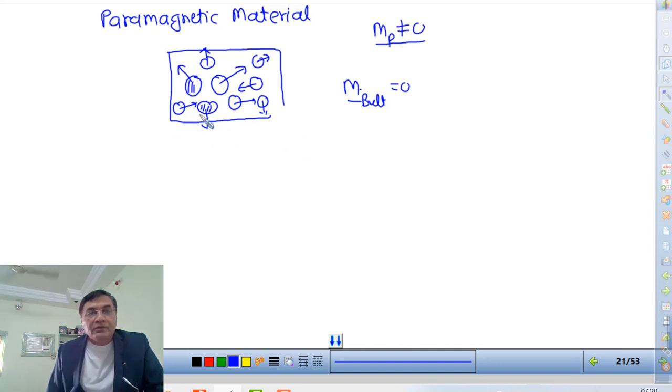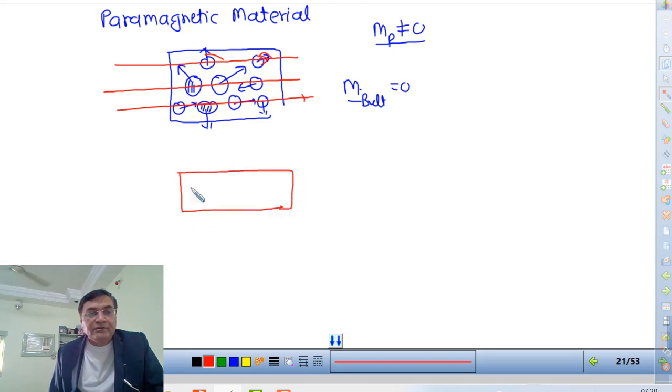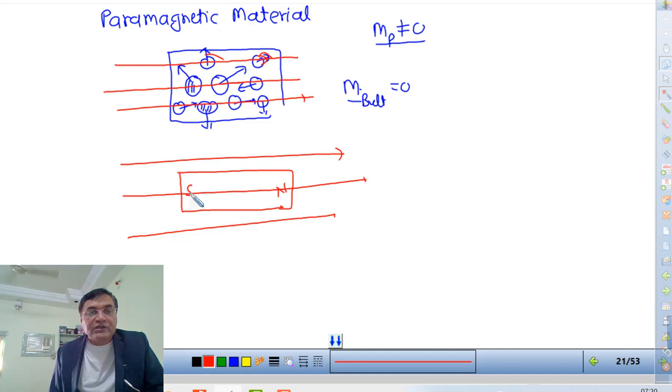ઓકે, હવે જ્યારે હું બહારનું ફીલ્ડ આપું, અહીંયા બહારનું ફીલ્ડ આપણે આપશું, so what will happen, this all will try to align in this direction, બધા એમાં align થઈ જશે, and therefore this side becomes south and this side becomes north. આ બાજુથી ફીલ્ડ આવે છે, એવી રીતે ઓરિએન્ટ થાય તો આ બાજુ સાઉથ આવે ને આ બાજુ નોર્થ, સાઉથ નોર્થ સાઉથ નોર્થ સાઉથ, એવી રીતે ગોઠવાઈ જાય, આ રીતે બધા ગોઠવાઈ જાય લાઈનમાં.